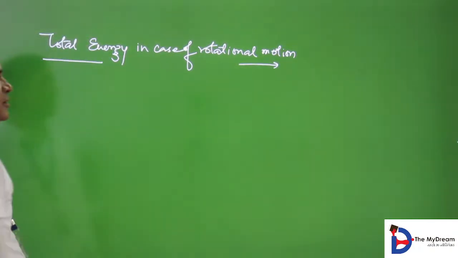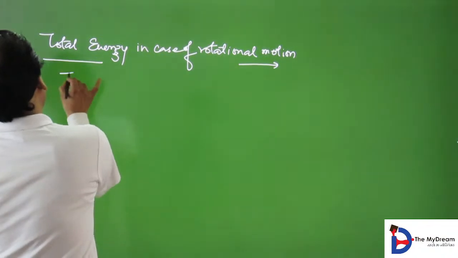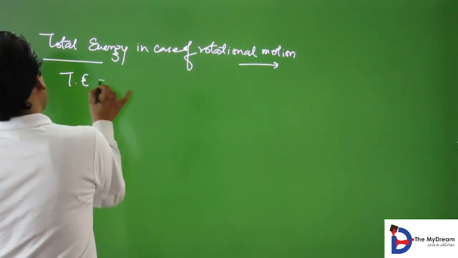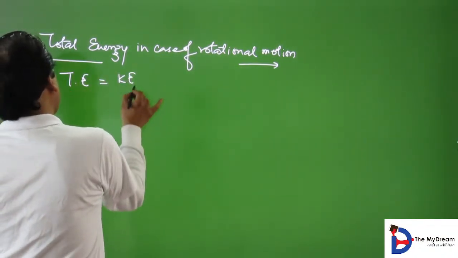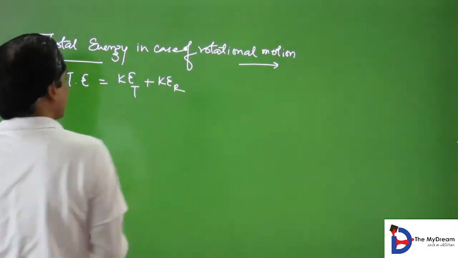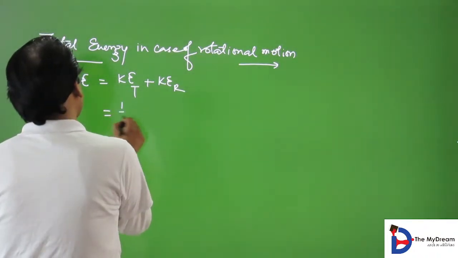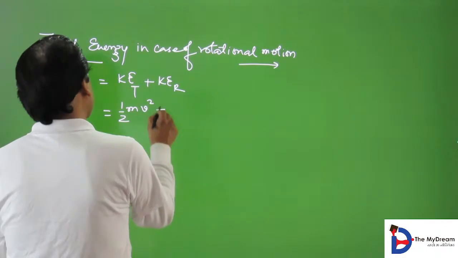Total energy in case of rotation is given by kinetic energy by translation plus kinetic energy by rotation. And kinetic energy is given by this.